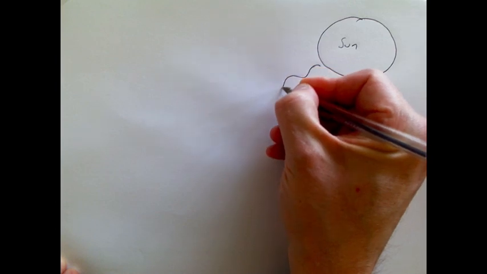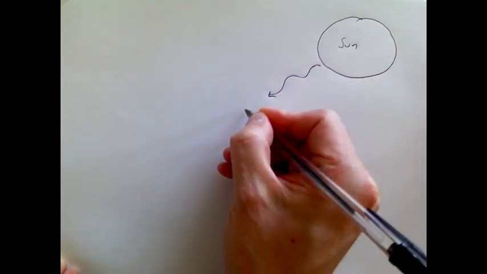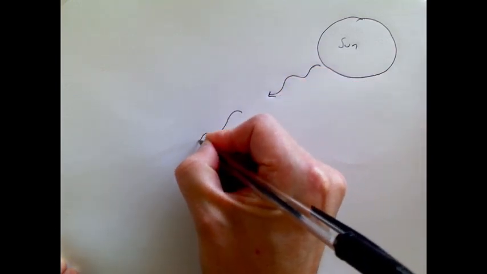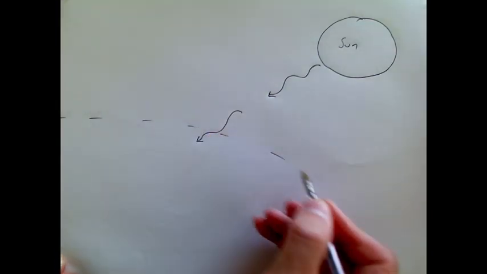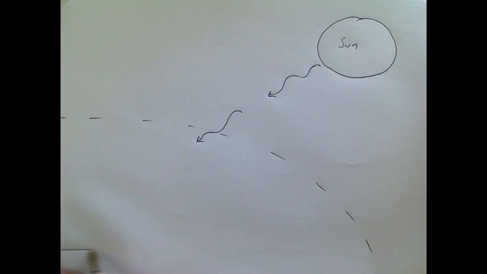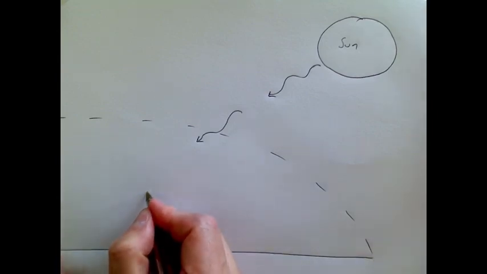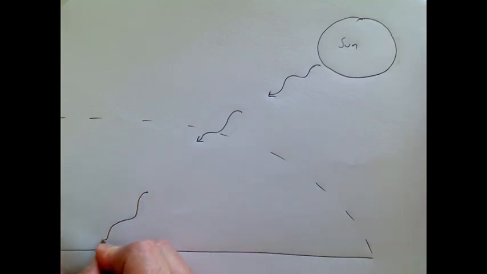Well, the sun emits short wavelengths of radiation. And those wavelengths of radiation are able to pass through the Earth's atmosphere. And they're eventually absorbed by the ground.